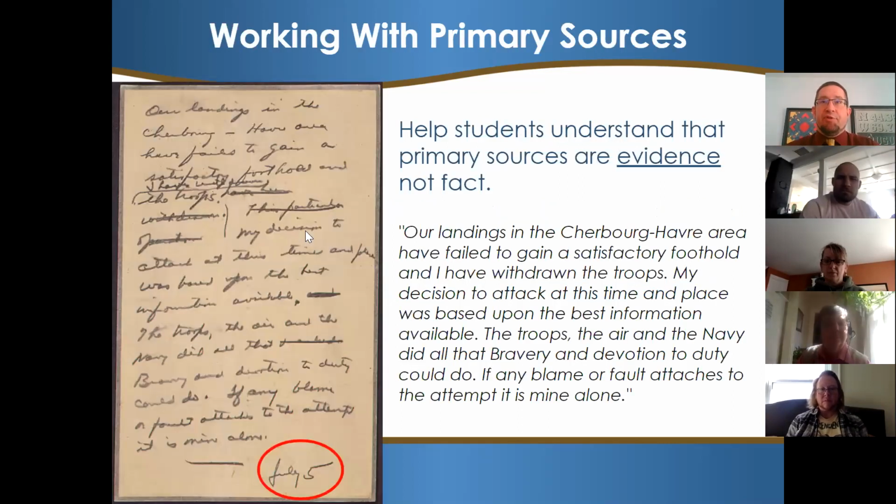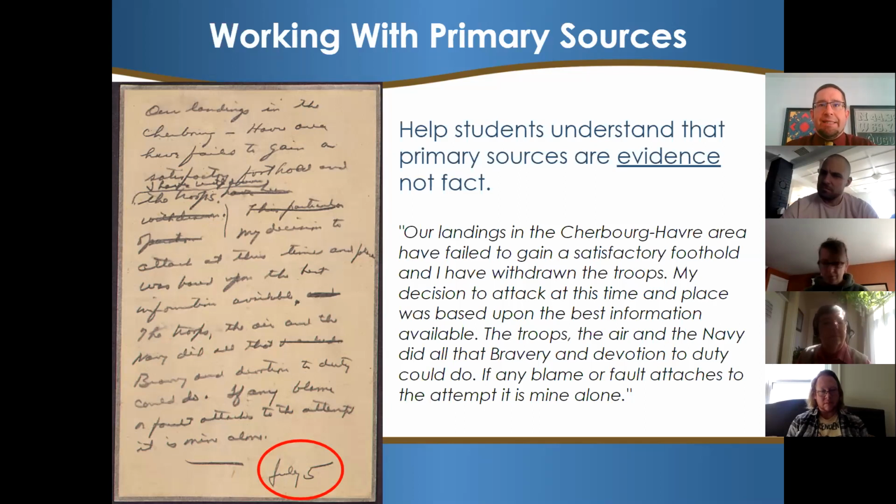And this was what I was almost going to reference earlier and forgot to, so I'm coming back to it. On the left is a letter written by General Dwight D. Eisenhower, and on the right you see the transcript: "Our landings in the Cherbourg-Havre area," et cetera, et cetera, where Eisenhower is talking about the failure of D-Day.